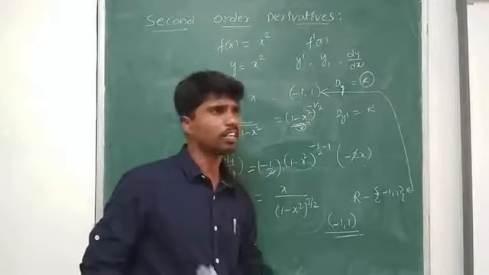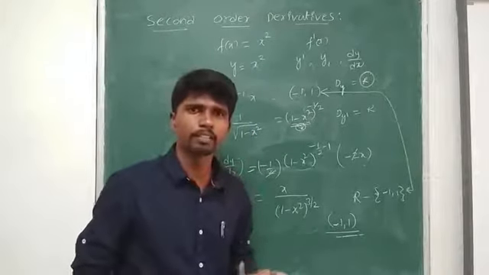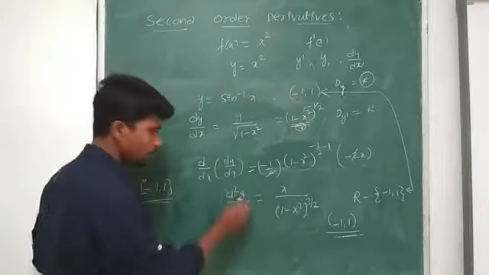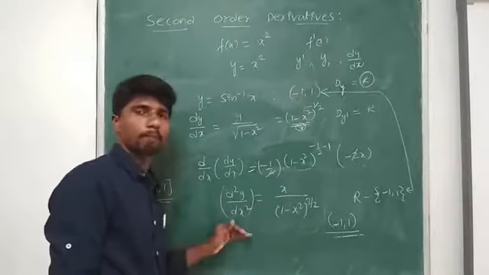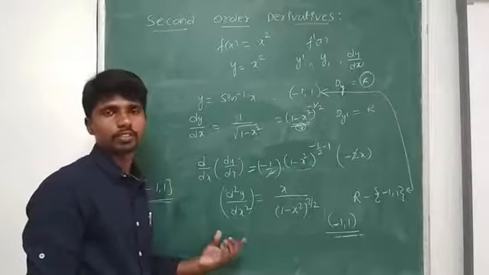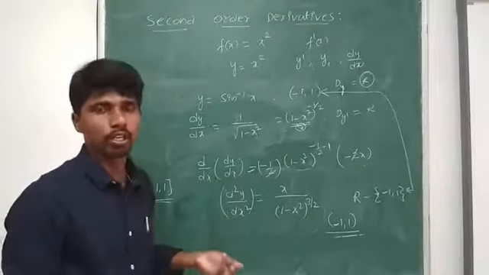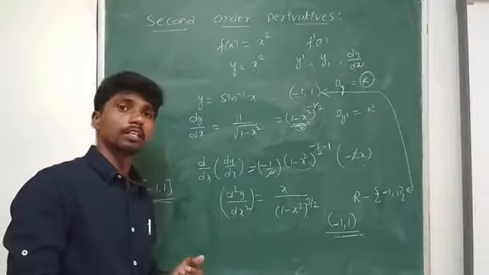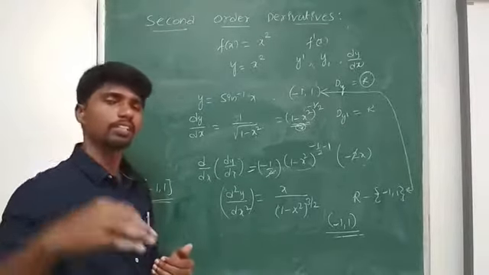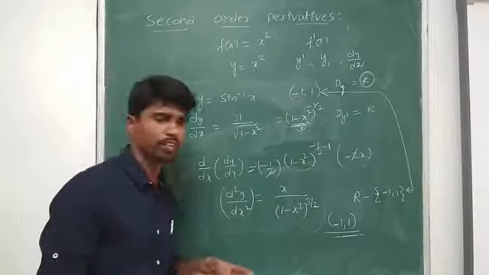Okay. Likewise, we can do many more differentiations. I got here d2y by dx square. Still I can differentiate this with respect to x. That is called the third differentiation, and we can call that equation a third order differential equation. In differential equations we learn this.